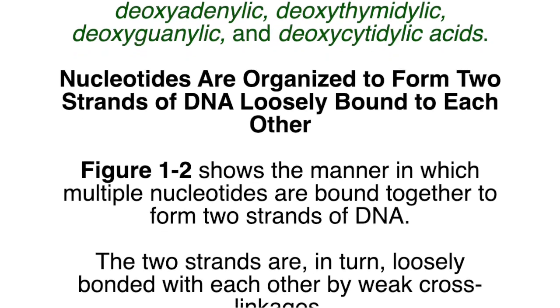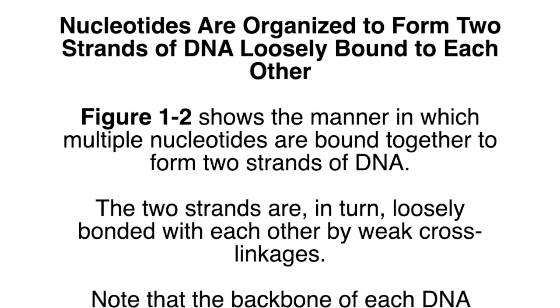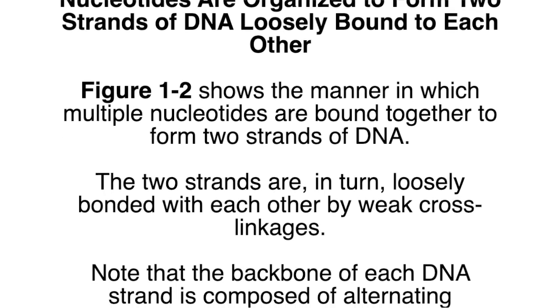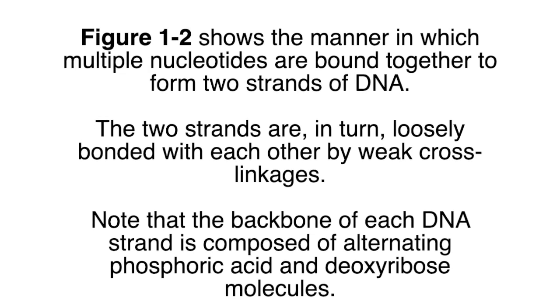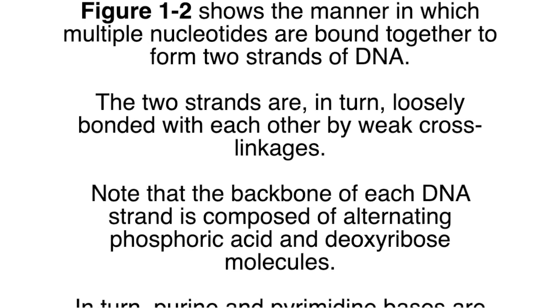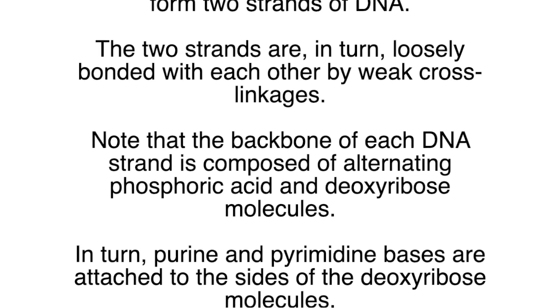Figure 1.2, earlier shown, shows the manner in which multiple nucleotides are bound together to form 2 strands of DNA. The 2 strands are in turn loosely bonded with each other by weak cross linkages.